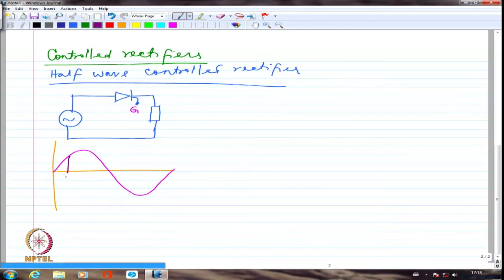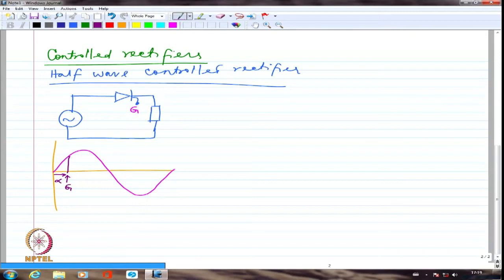If I give a gate pulse at this point, let's say this is the angle normally specified in all the textbooks as alpha. Alpha is the angle at which I am going to give the pulse to the thyristor. So this particular angle is the delay angle or firing angle.